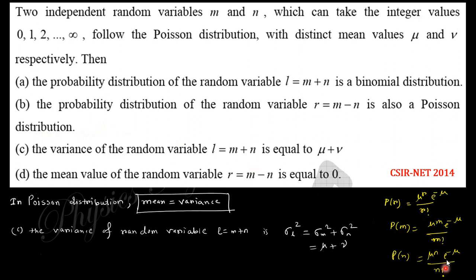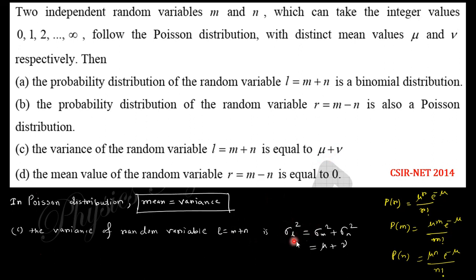The difference also cannot be a Poisson distribution. The variance of the sum will be like that. So C is the correct answer.